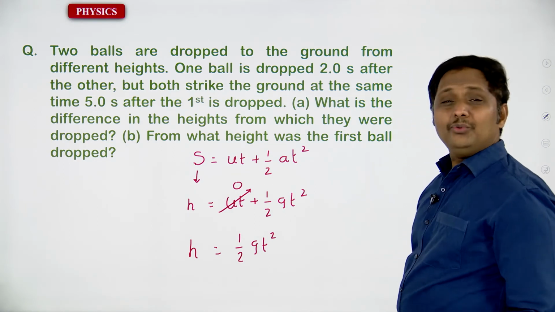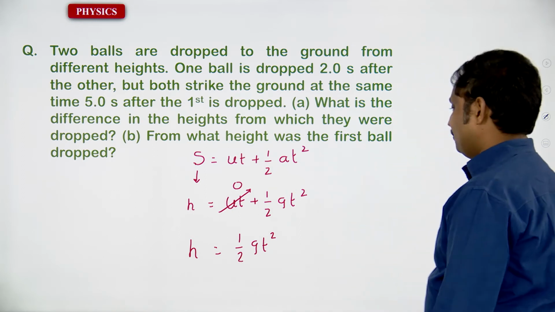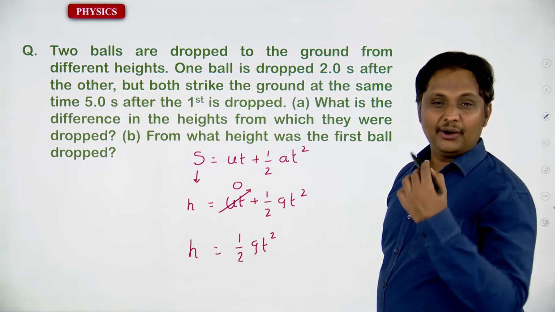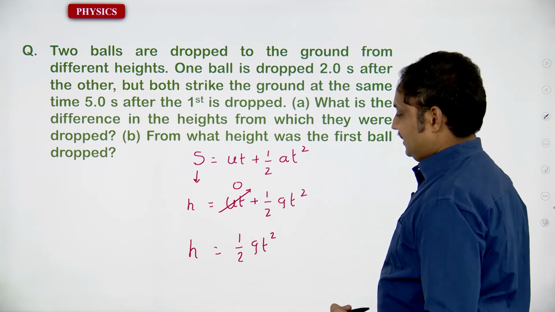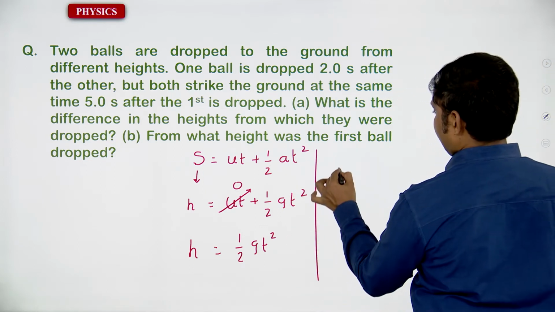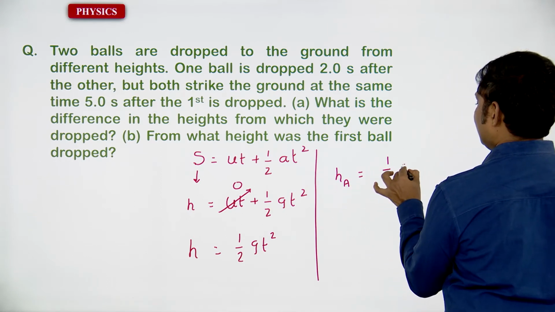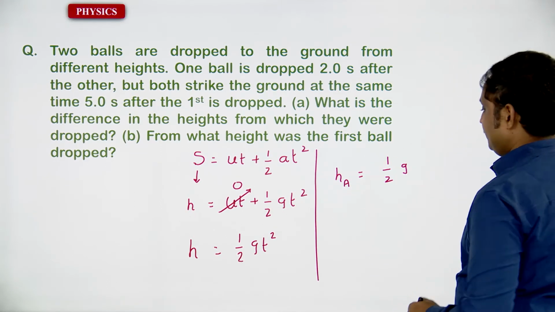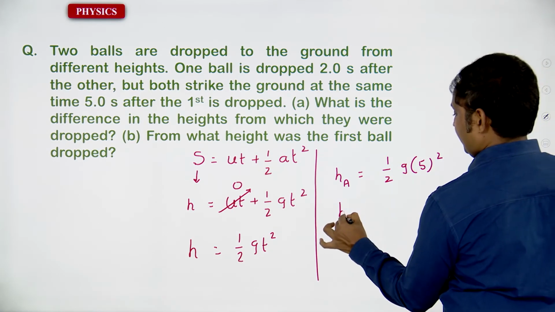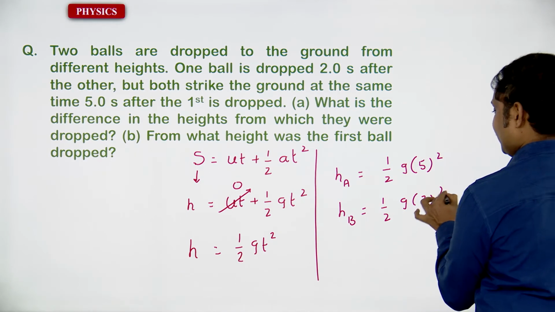Now you have to consider that for ball A and ball B, we have to take the time difference. H A is equal to 1 by 2 g into 5 square and H B is equal to 1 by 2 g into 3 square.